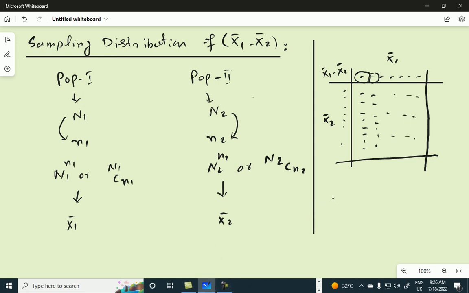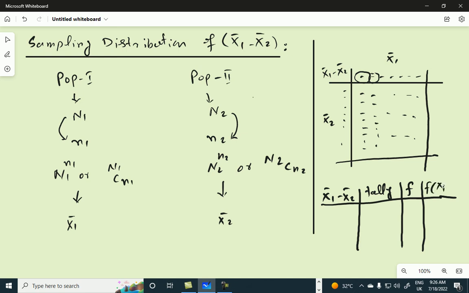If you apply the same process you did in the previous lecture, that is x1 bar minus x2 bar, then tally, then frequency, and then f of x1 bar minus x2 bar, then this table is called the sampling distribution for the difference between two sample means.